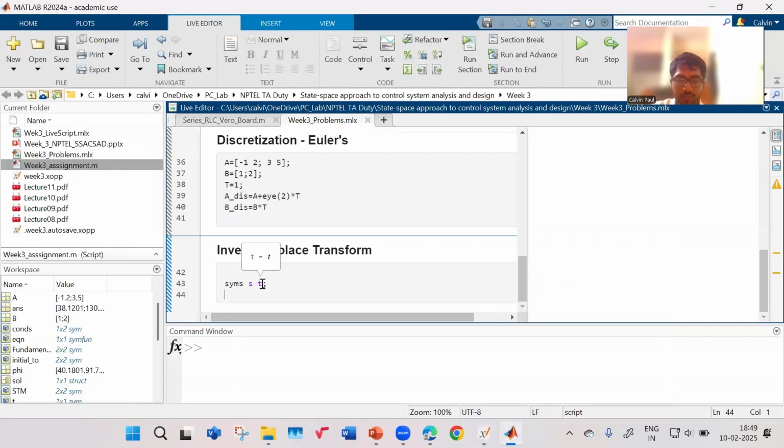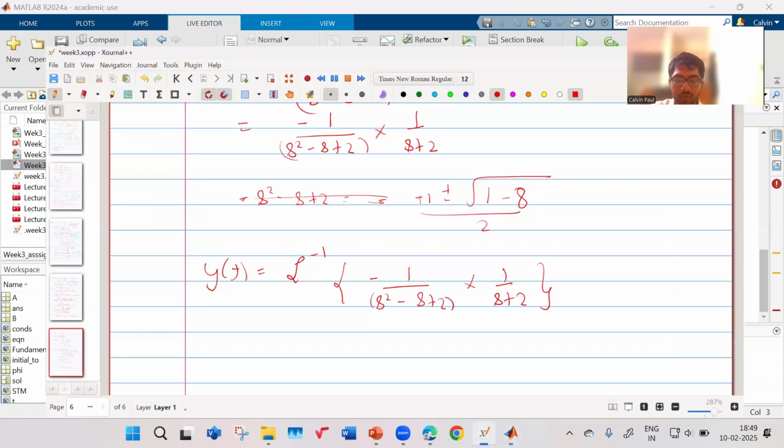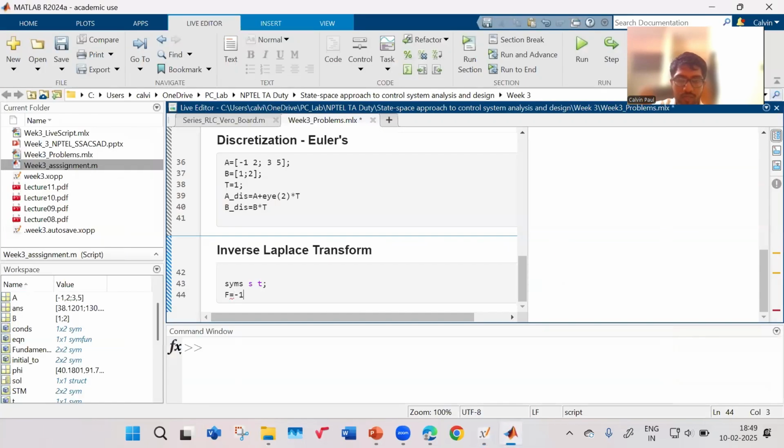So my function, my F actually is equal to what? Minus 1 on s raised to 2 minus s plus 2 into s plus 2.